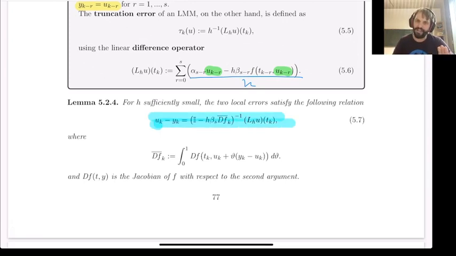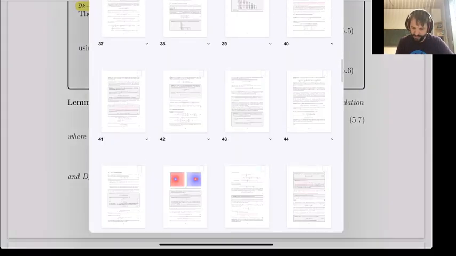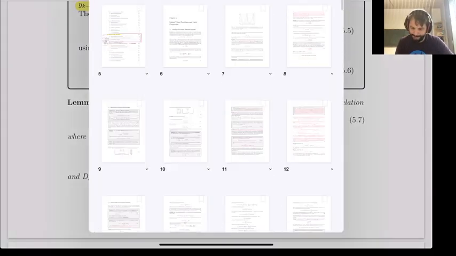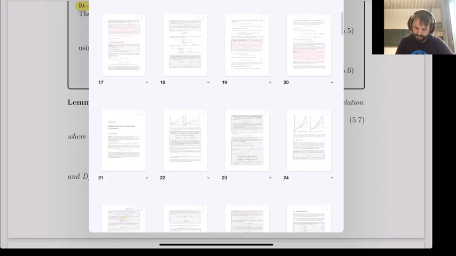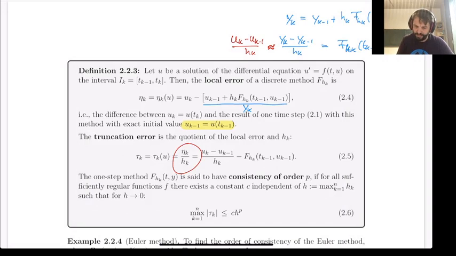And there's another reason why it looks so complicated, because I only defined the truncation and local error in the explicit setting for a one-step method. Look here, I did it for the explicit setting. For the other one, I also did it just for the explicit case.